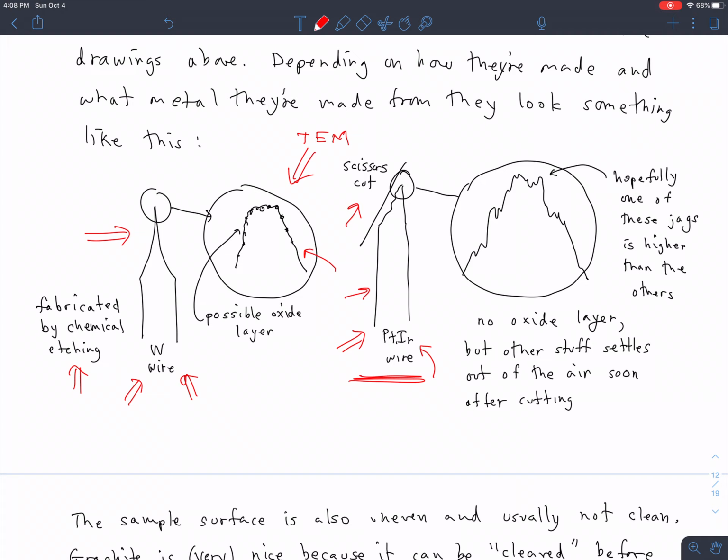And that creates the ugliest, scraggly thing you can imagine, and you just pray and hope that at the very end of the tip, one of those little tiplets is a few angstroms lower than the other, right? Because the tunneling current is so sensitive to the tip-sample gap, all it takes is that one atom is just a few angstroms lower, or closer to the sample, than all the competing atoms.